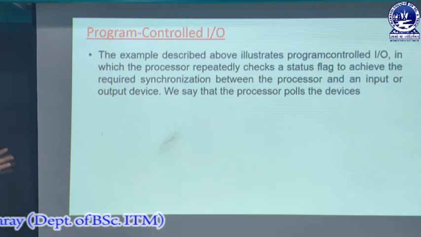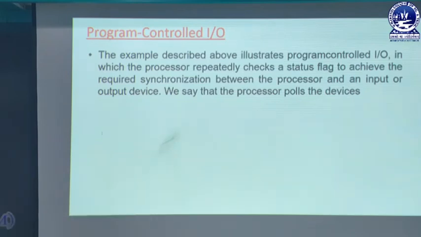So in the previous example we have seen that there is a signal which is called the test bit, and by generating that signal we check the status of the flag, that is our S in or S out, and by checking that status flag repeatedly, the processor synchronizes the transfer.